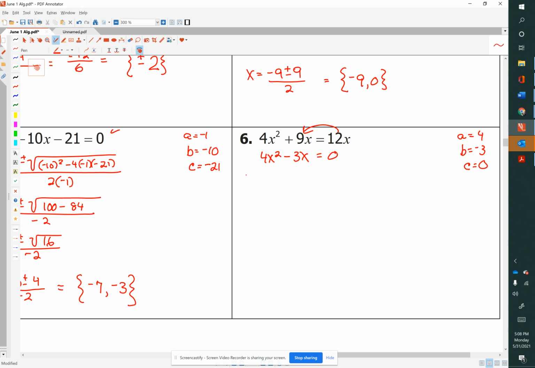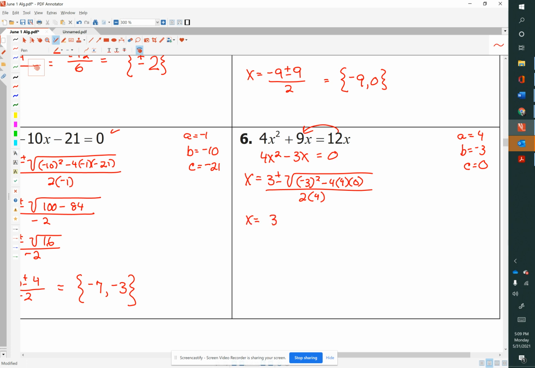So let's do our substitutions. X equals 3 plus or minus, nice long radical, in parentheses, negative 3, then we square the whole thing, minus 4 times 0, all of that divided by 2 times the a value of 4.